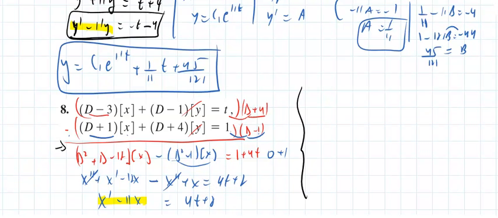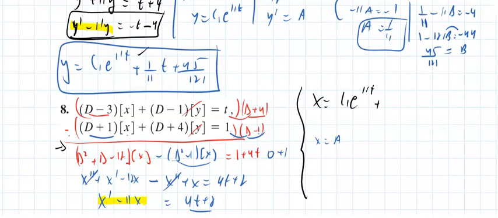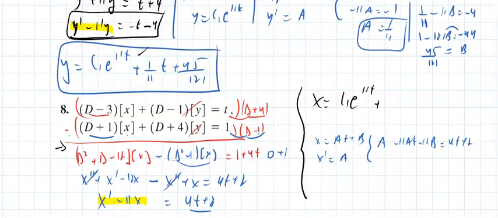So we know already that x is going to be c sub 1 e to the 11t from what we got right there, plus, now here we're going to say let x equal at plus b. x prime is a. So if I put those together, x prime, which is a, minus 11at minus 11b. The equation is the same. It's just that the right side is different. So this means negative 11a equals 4, so a is negative 4 over 11.